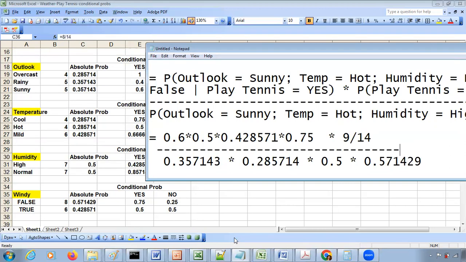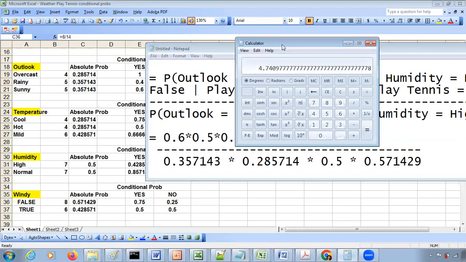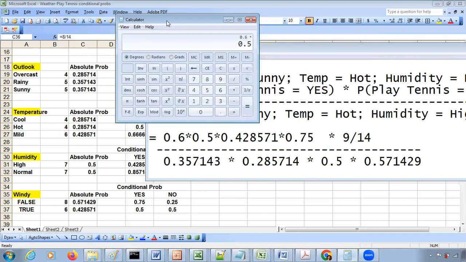So we need to compute these, do the math. That's going to be 0.6 times 0.5 times 0.428571 times 0.75 times 9 divided by 14, divided by 0.357143, divided by 0.285714, divided by 0.5, divided by 0.571429.